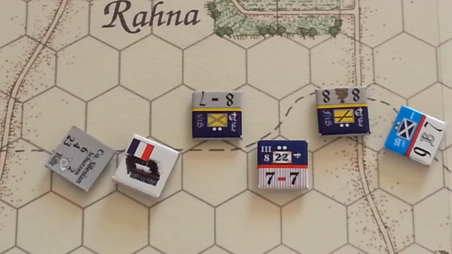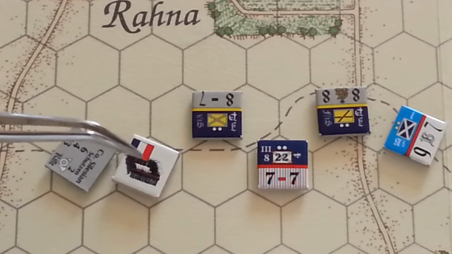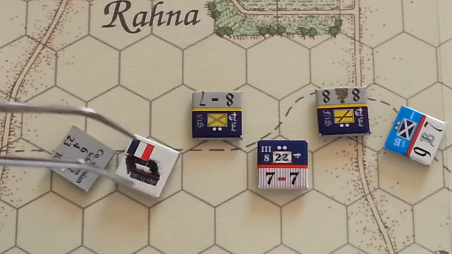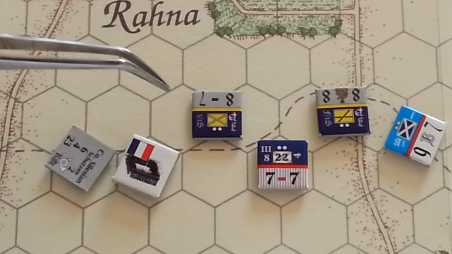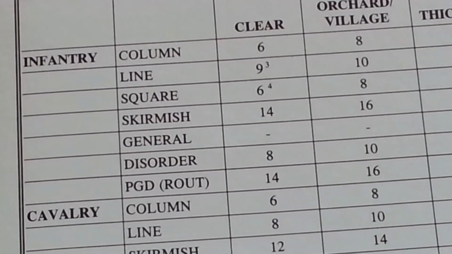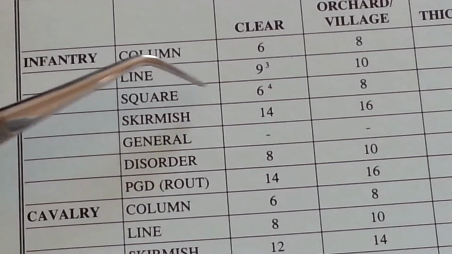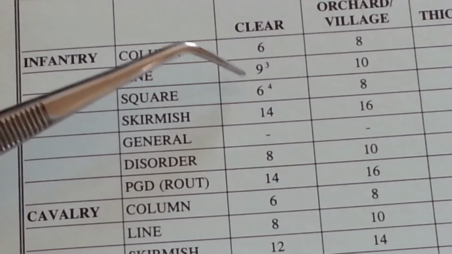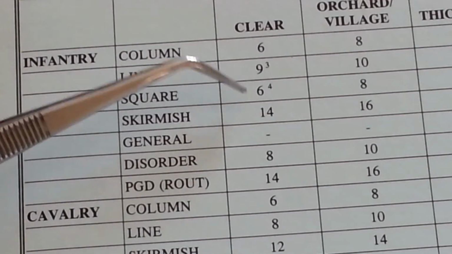Now for defense, it's a very compact formation that also has essentially multiple ranks every direction you're firing, and so that makes it a very good target, which means it has a very low fire defense. Apparently I don't remember my Lutzen very well because the defense of a square is a 6. And 6 is actually fairly good.